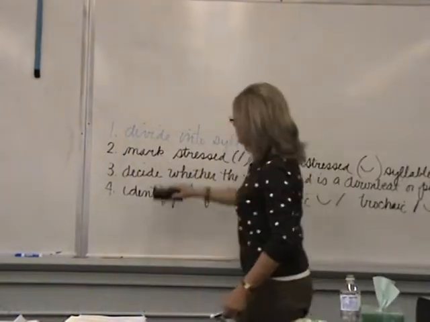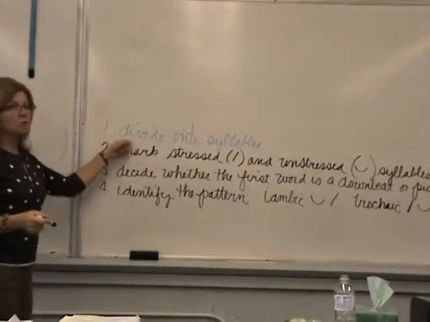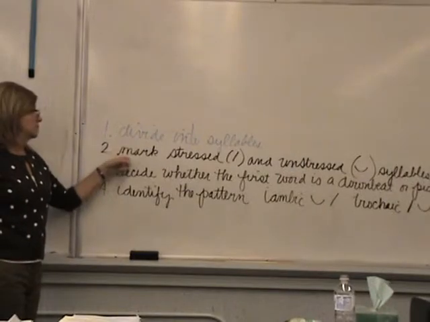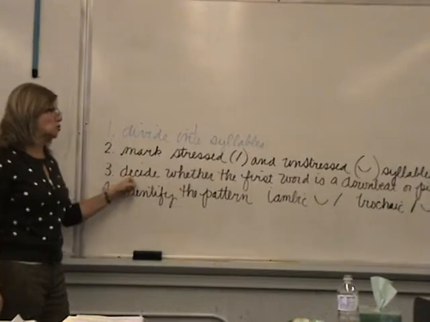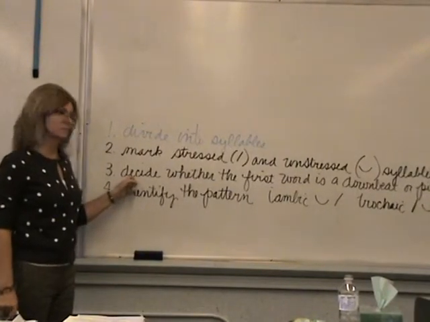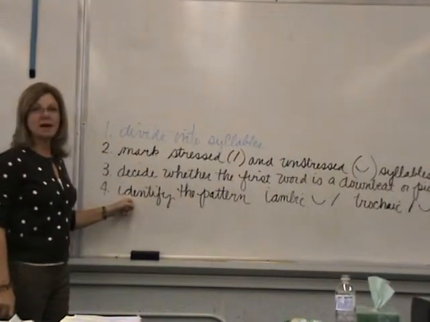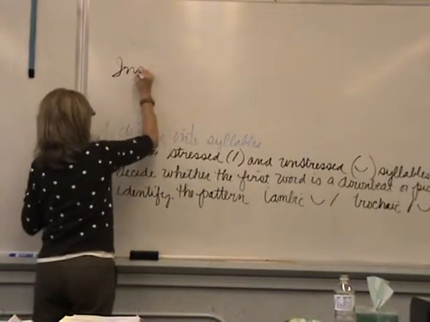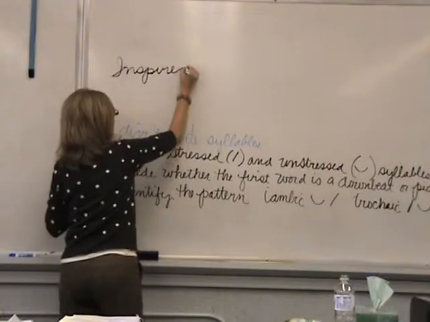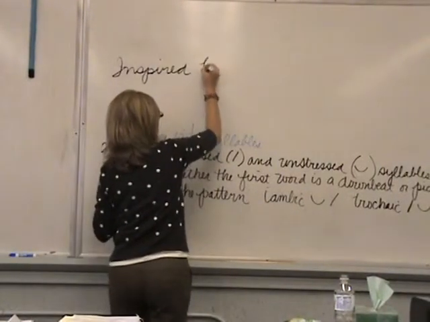So, let's follow the pattern up here. Divide the words into syllables. You're going to mark the stresses and the unstresses based on deciding whether the first word is a downbeat or a pickup. And then identify the pattern. Okay, let's let everybody have a chance to mark.